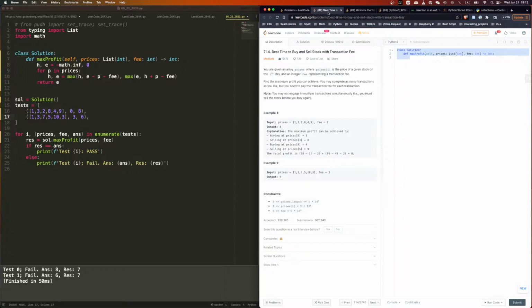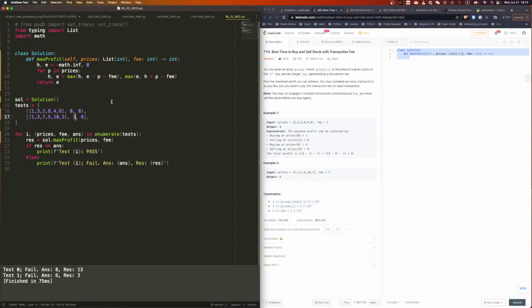Buy 4, sell 9. So should be 7 plus 5. Right, 7 plus 5, 12. 12 minus 4, yeah. Let's see if it becomes 0.